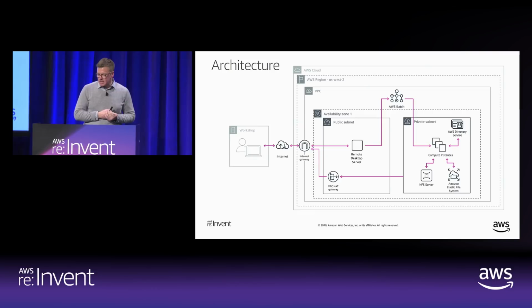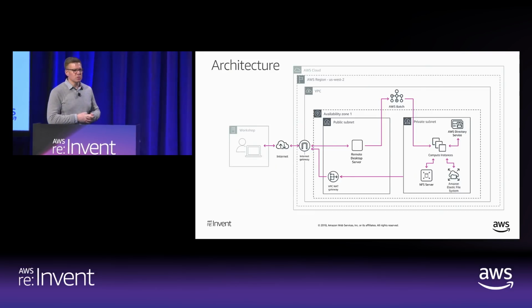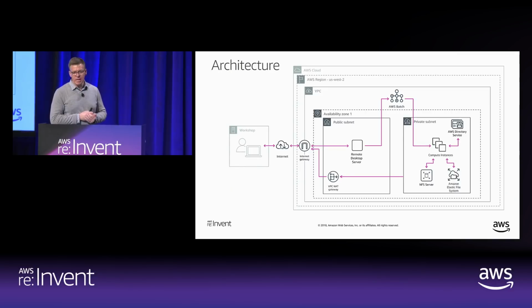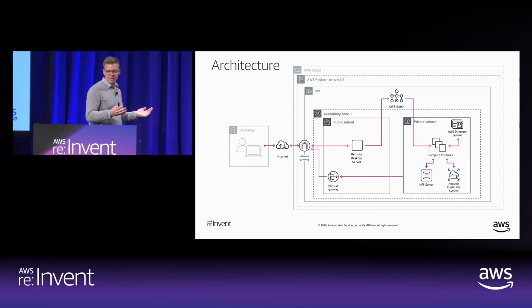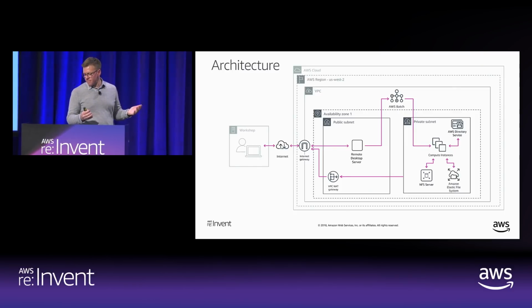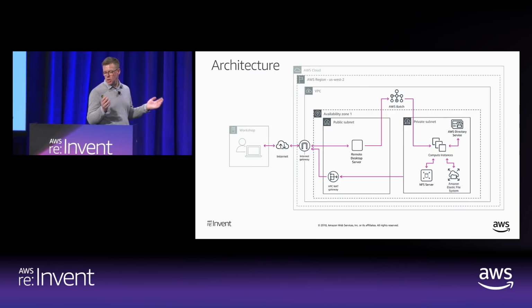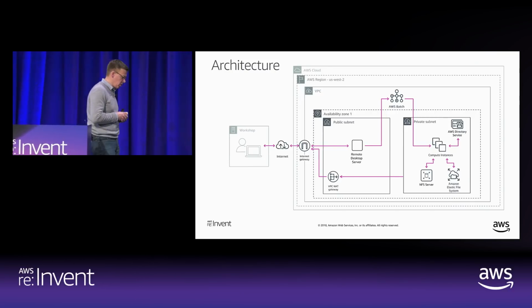And you've got a remote desktop server. This is your desktop in the cloud. And then in your private subnet, you've got your compute instances that are dynamically spun up and down from Batch orchestration. And then we've got an NFS and an EFS server. And this is all done using AD for the login.